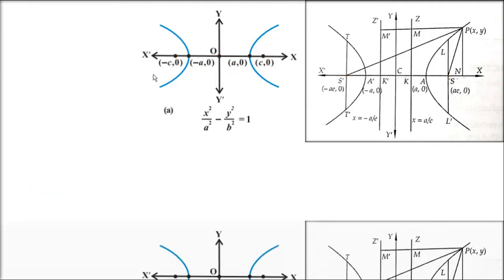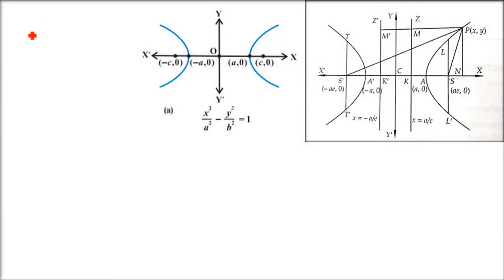Eccentricity. How do we find the eccentricity of the hyperbola? Eccentricity is represented by e. See, this equation is in front of you: x square by a square minus y square by b square equals 1. And when I derived this equation, I told you b square equals a square into e square minus 1, if you remember.